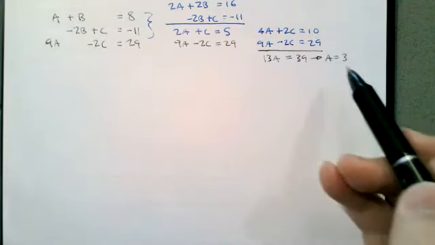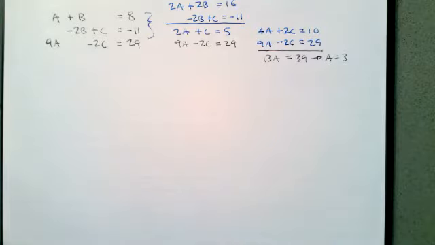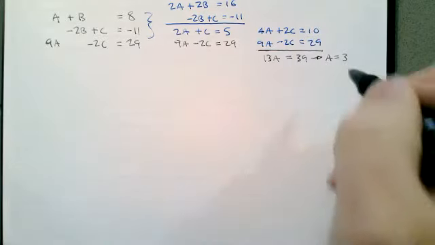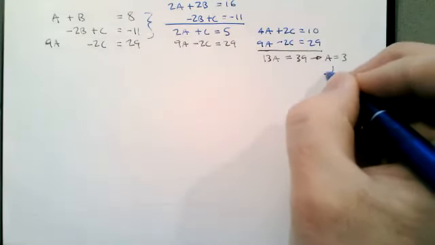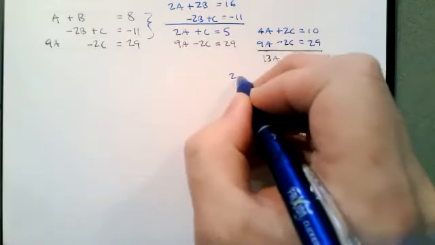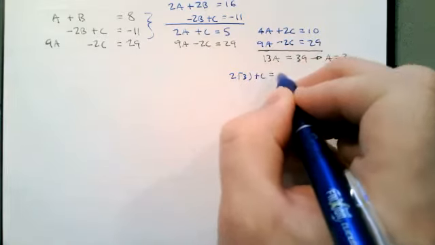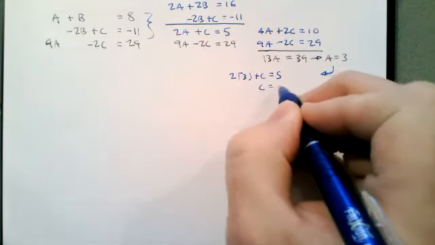Now we're going to just kind of go backwards through the stuff that we had. So if a is equal to 3, then I could put that into, let's say, this equation, 2a plus c is equal to 5. So now I'm just going to go back through the rest of it. So 2 times 3 plus c is equal to 5. So c is equal to negative 1.